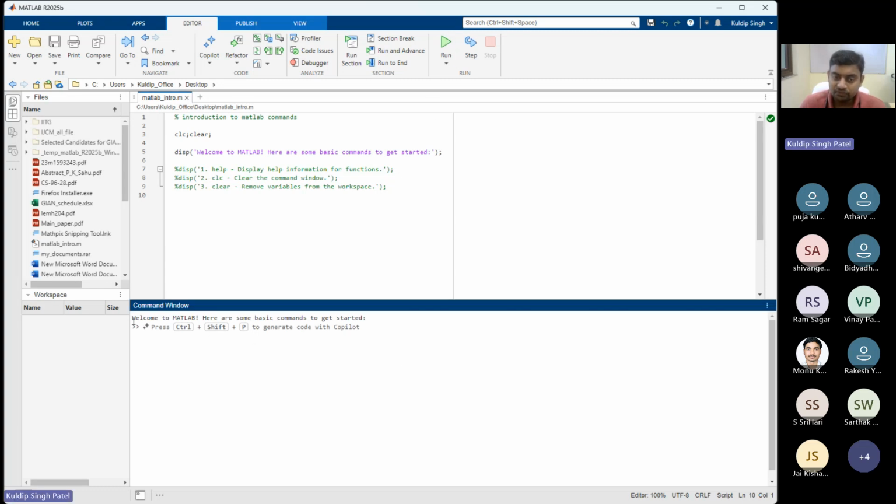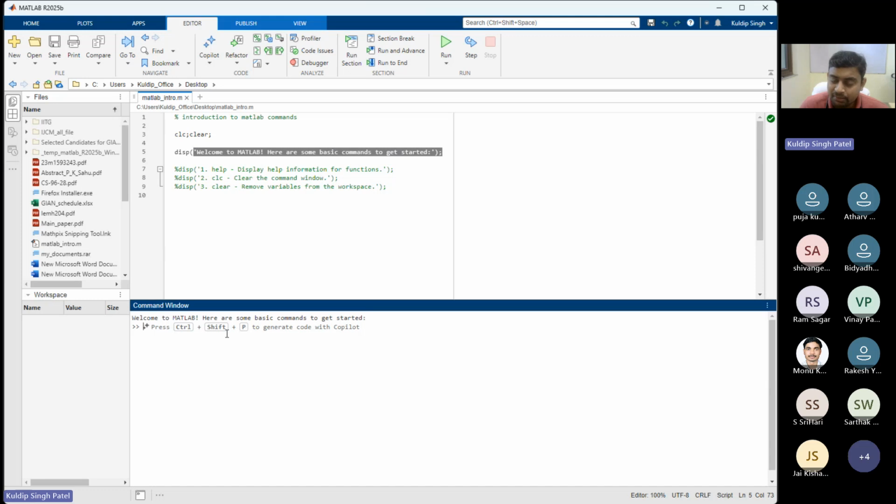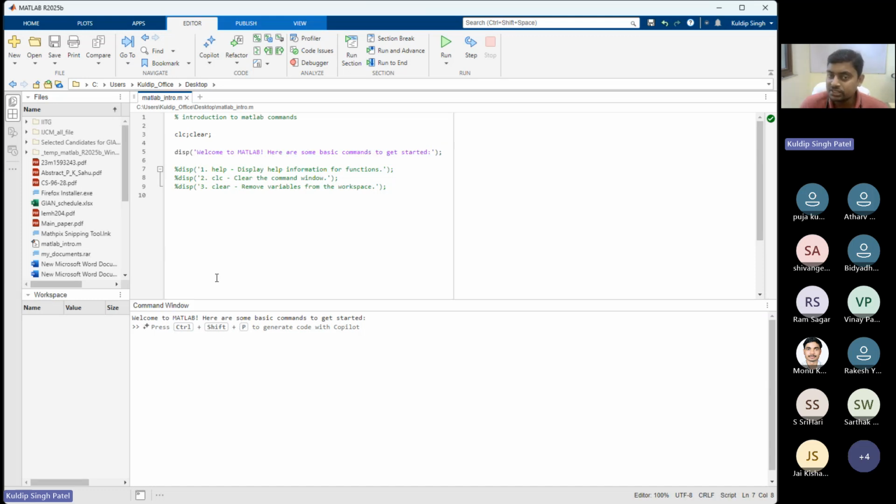what it says is welcome to MATLAB. There are some basic commands to get started. What does it mean? This command is used to print anything. If you want to type anything in the command window, we will use this. Suppose we want to display this. This means display.